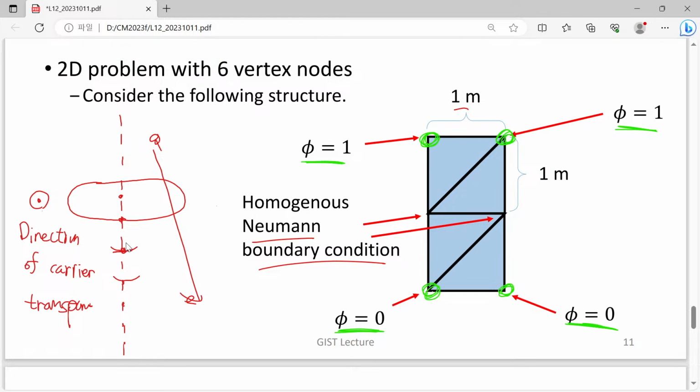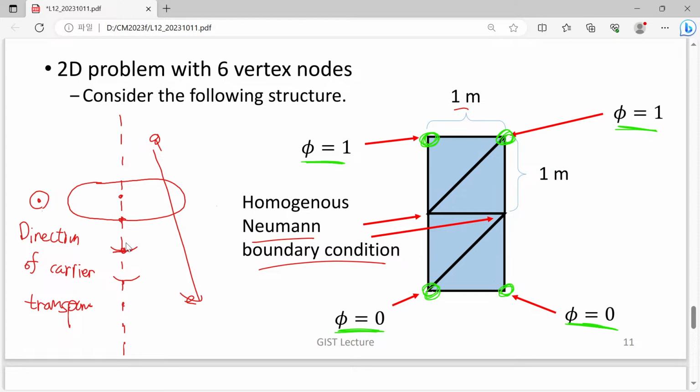So in that case also you can apply the homogeneous Neumann boundary condition. That is one example. We can apply the homogeneous Neumann boundary condition to the center of our device. That is a quite important technique, because we can reduce the computational cost by a factor of 2.